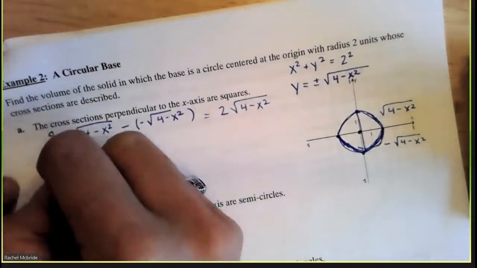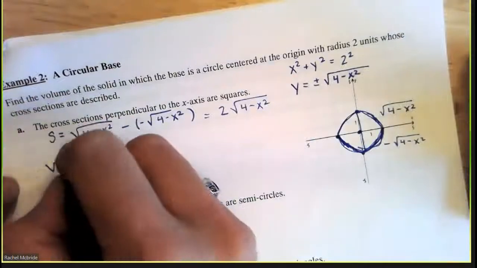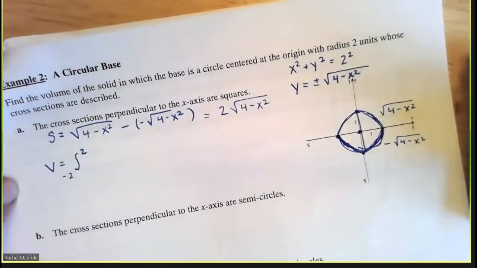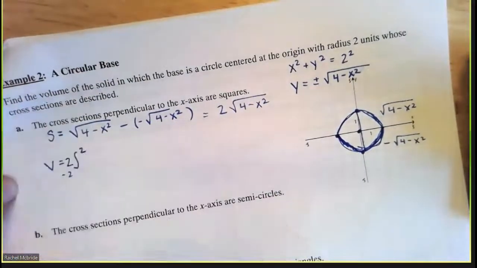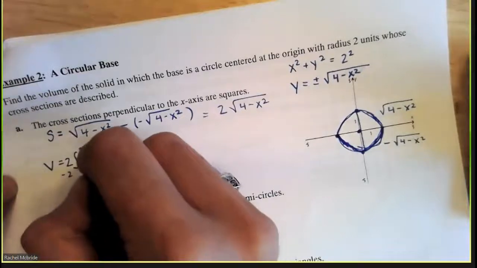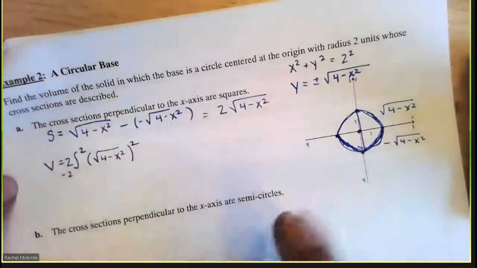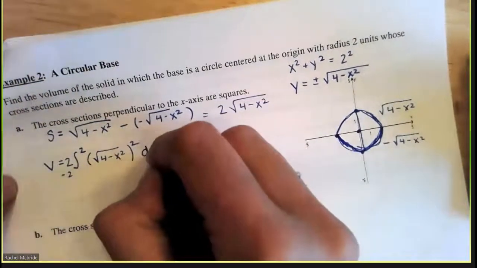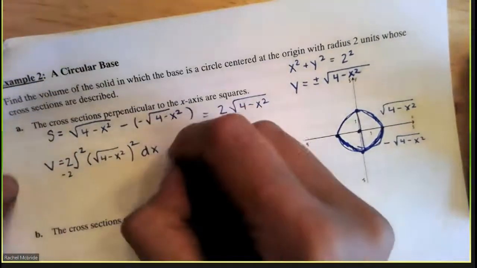So the volume this time starts here and goes to there, so my integral is going to be from negative 2 to 2. That constant can come out in front. And it's the square root of 4 minus x squared, because it's s and it's s squared. What's nice is the square and the square root cancel.